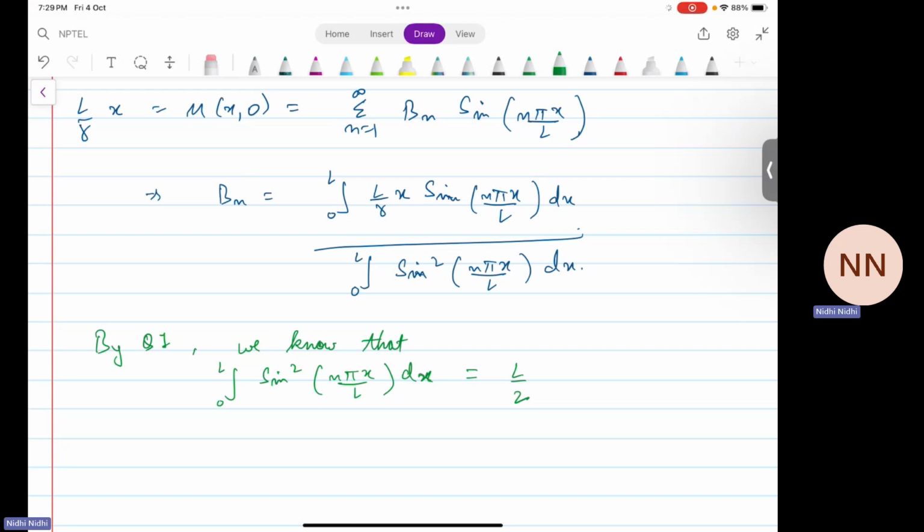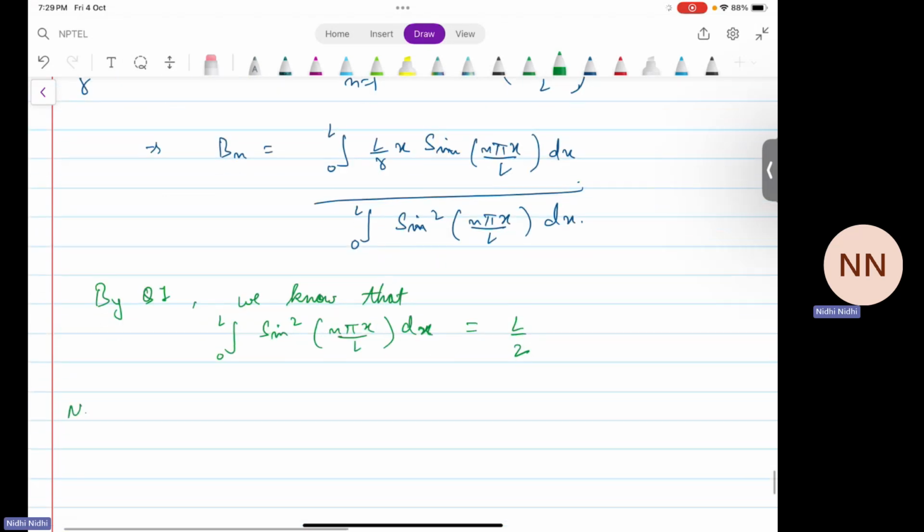Now we need to find the numerator. The integral from 0 to L of (L by gamma) x sin(n pi x by L) dx, we'll be using integration by parts. This is (L by gamma) times x as it is.